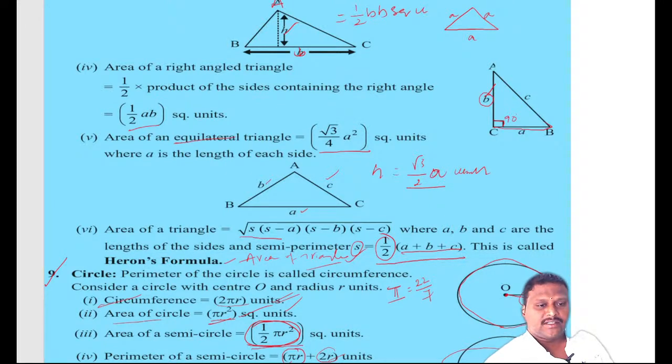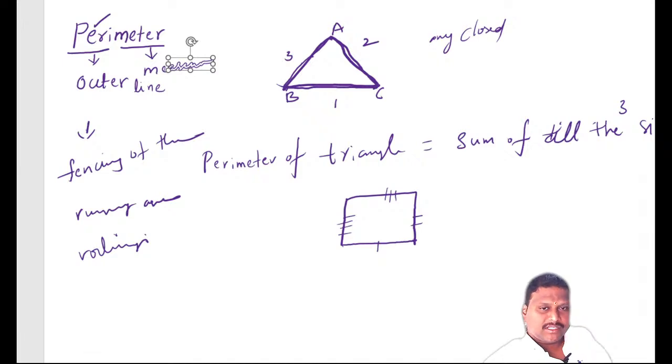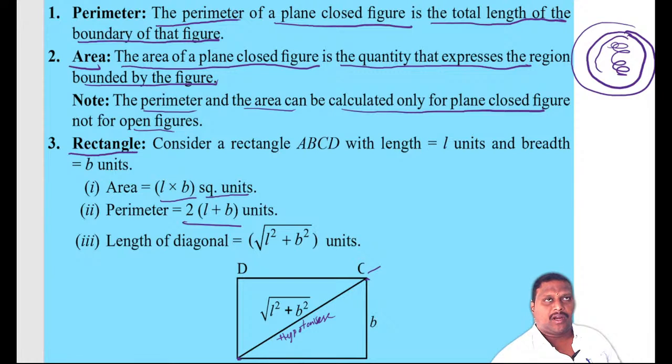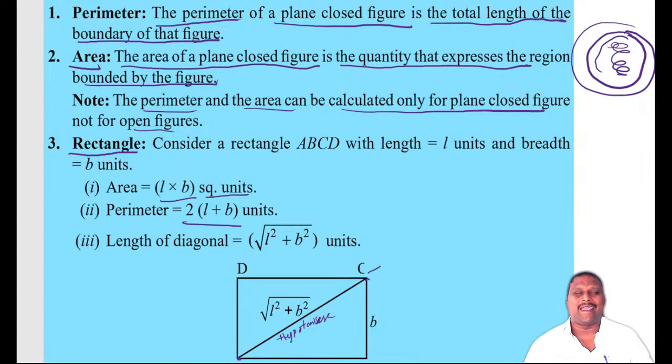Let us recap what we have discussed. What is perimeter? Perimeter means outer line measure. The perimeter of a plane closed figure is the total length of the boundary, or outer line.